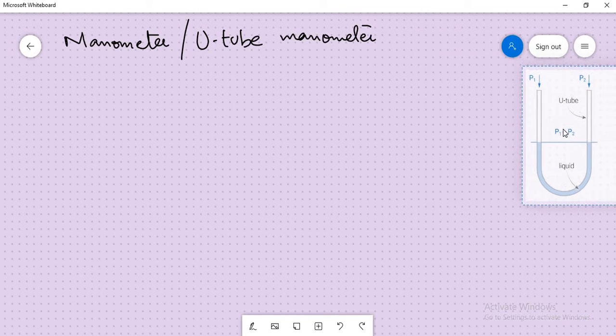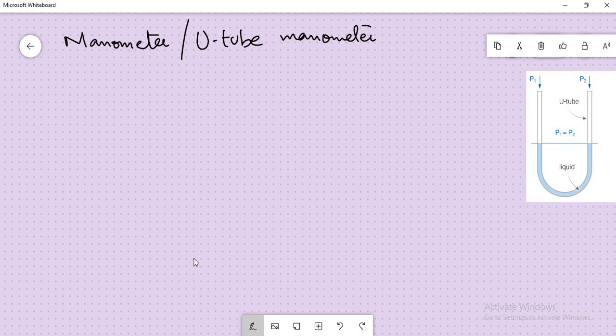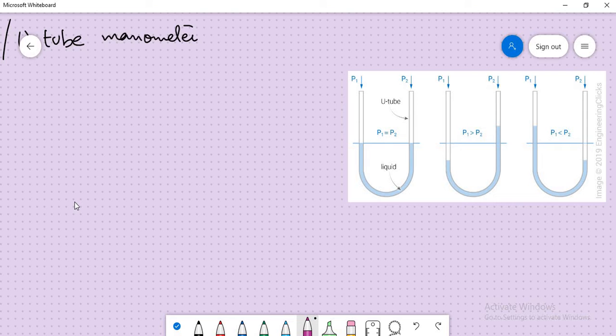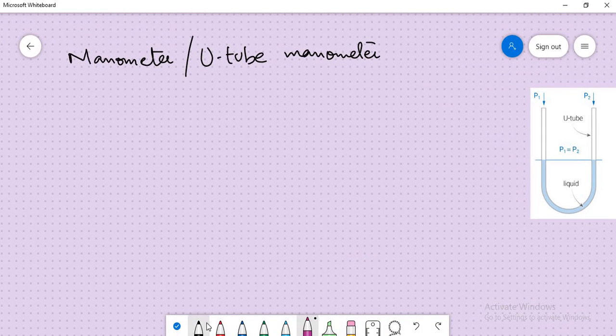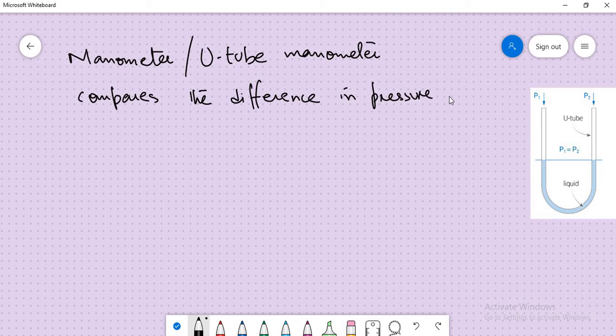So basically, a U-tube manometer is a device that compares the difference in pressure of two sources, two gas sources basically.